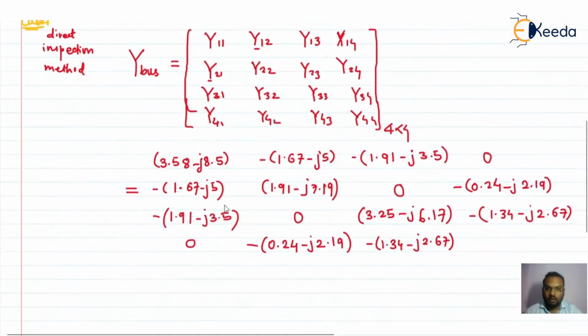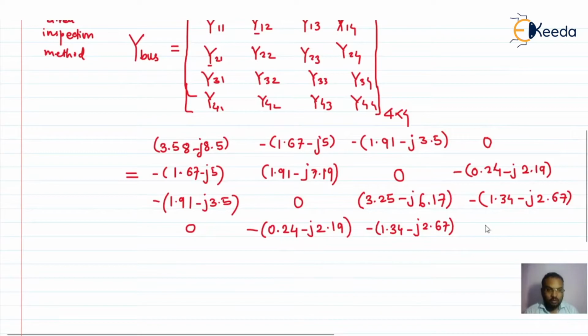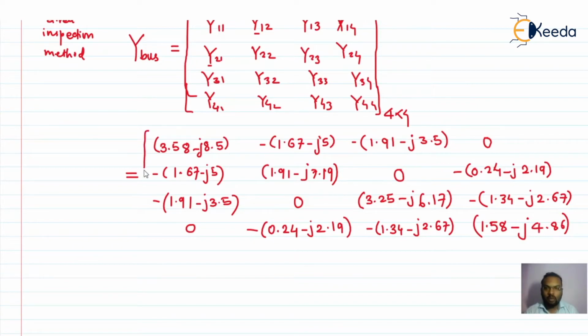If you solve this, just check, you will get 1.58 minus j4.86. So this will be your Y bus matrix. Of course, it is considering that the line between 2 and 3 is not connected.